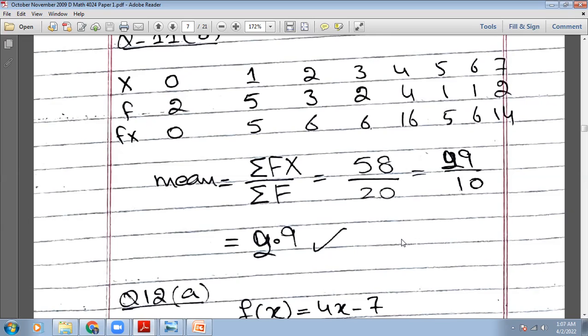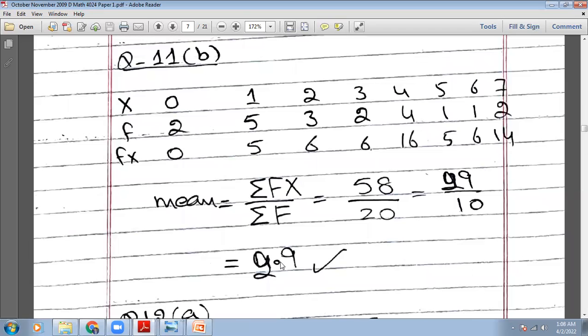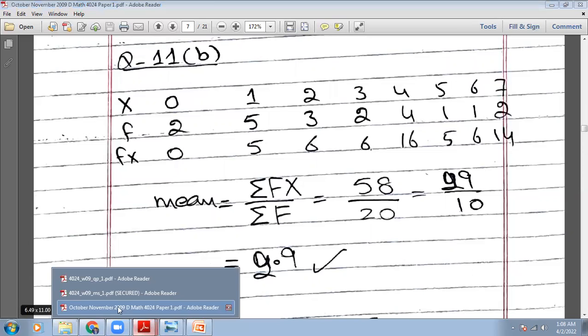So the mean will be 58 by 20, and that will be 29 by 10. So adjust the decimal, and you will have 2.9. So the mean value will be 2.9.